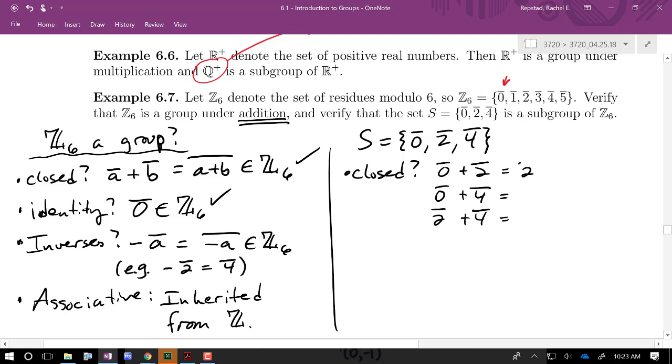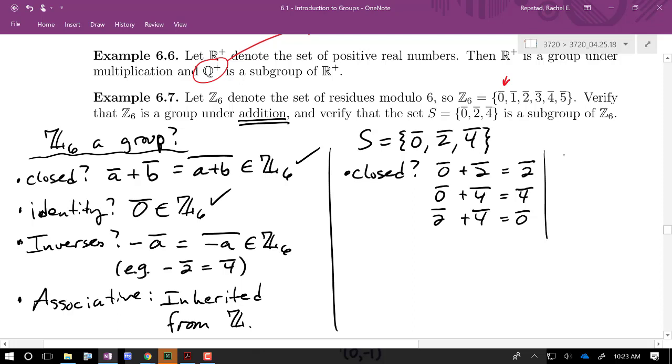So 0 plus 2 is obviously 2. 0 plus 4 is obviously 4. 2 plus 4 is 6. What is that mod 6? That'd be 0. Yeah, that one's 0.